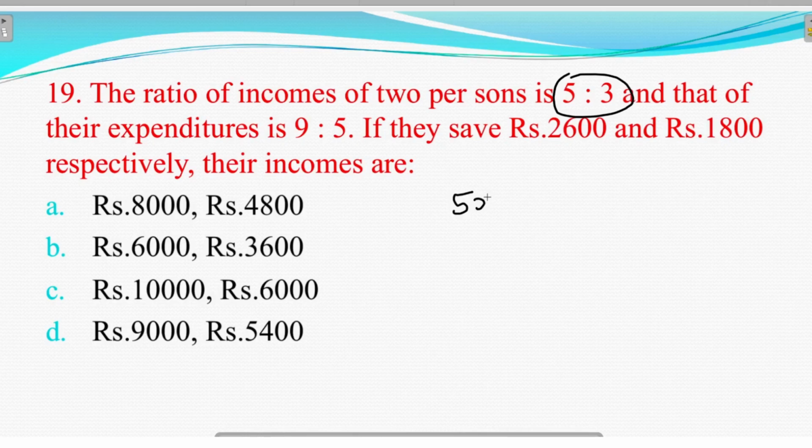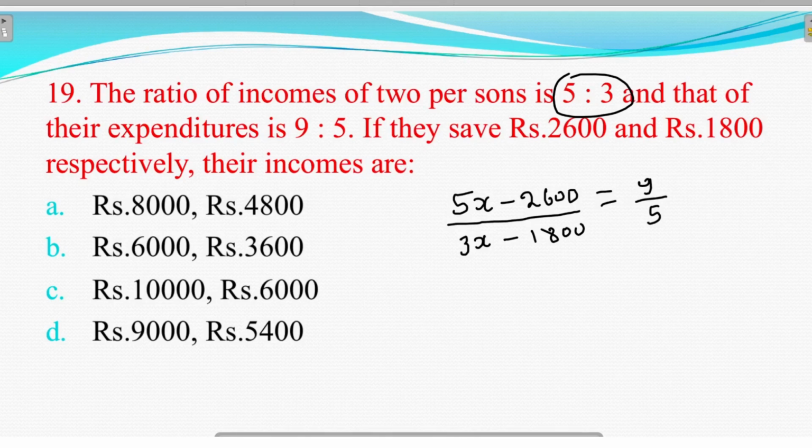Basic method: 5x minus 2600 is the expenditure, 3x minus 1800 is the expenditure, and the ratio of the expenditures will be 9 is to 5.